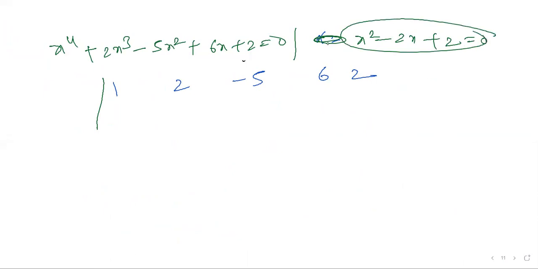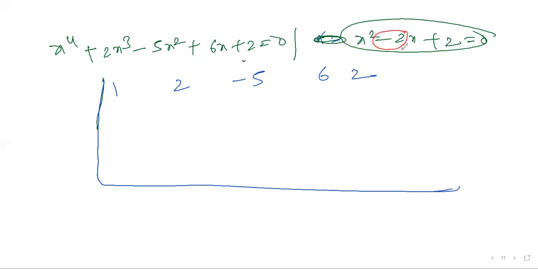So the process is, please leave two space columns here. First of all, what is the x coefficient value? It is -2. You take it as the opposite, so you write +2 here.